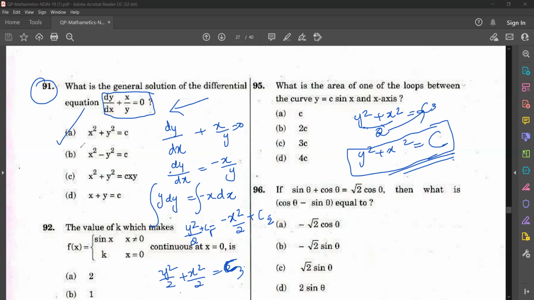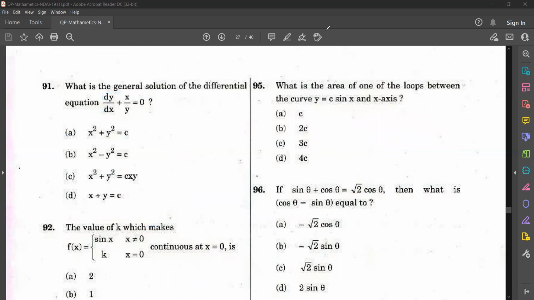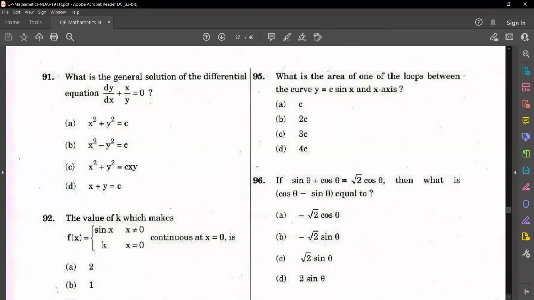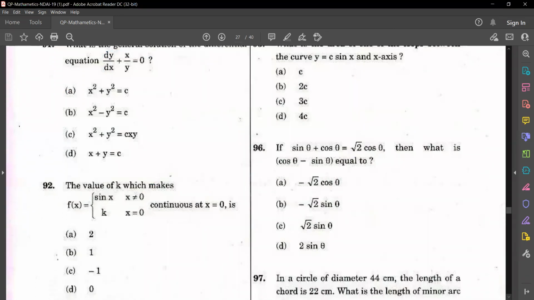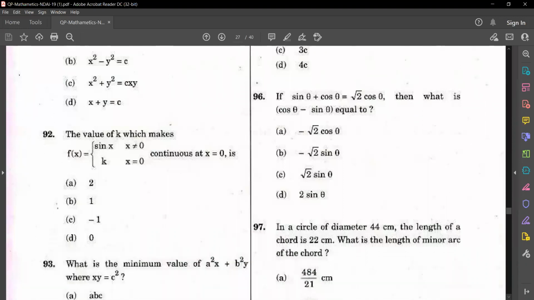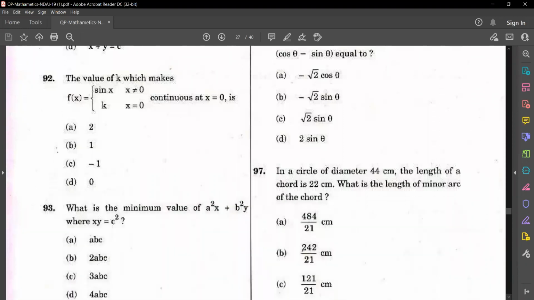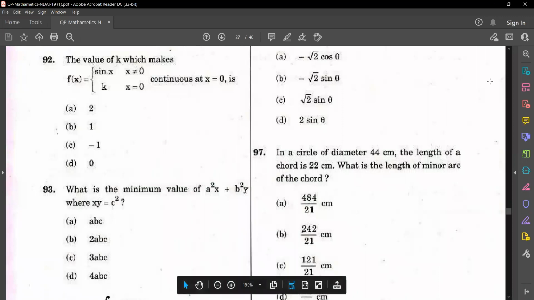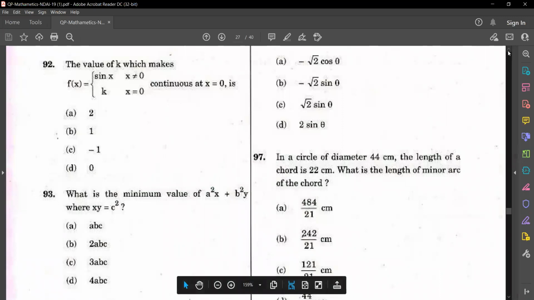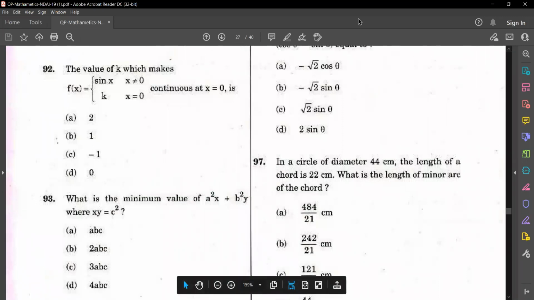Moving on to the next question. Question number 92.